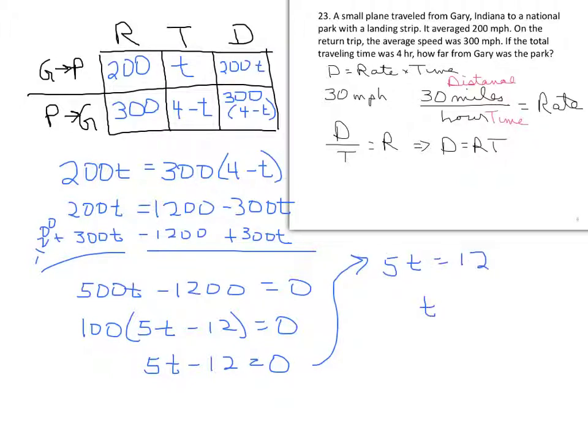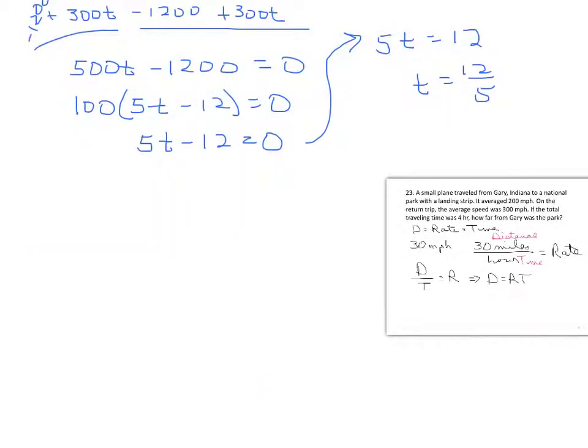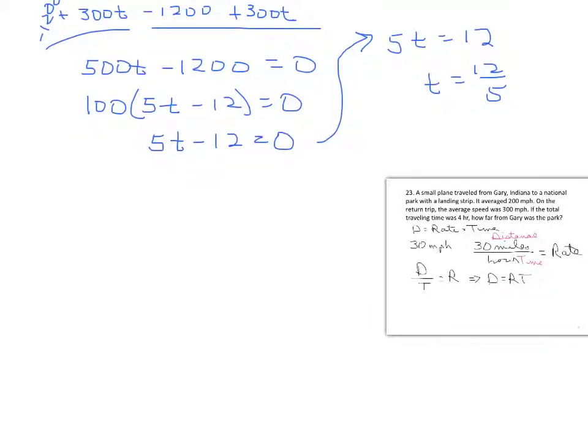So t equals 12 fifths. You can write it as 12 fifths, or you can take your calculator and find out that 12 fifths is 2.4. So you could write 2.4 hours. It just depends. If they don't specify, then you can do it either way.